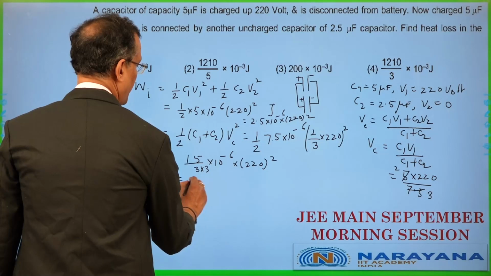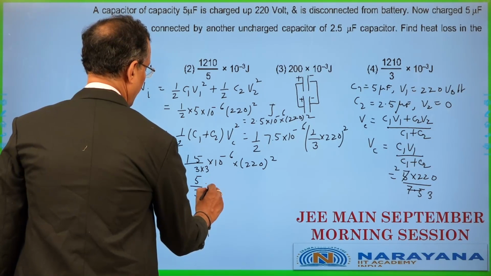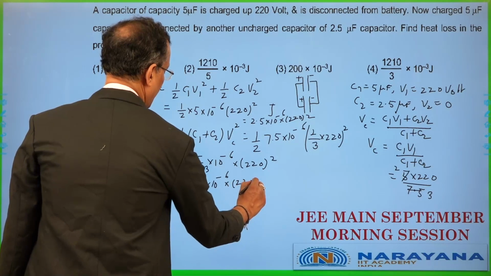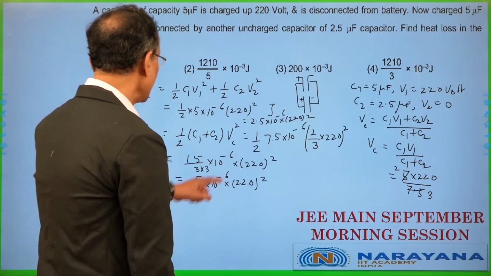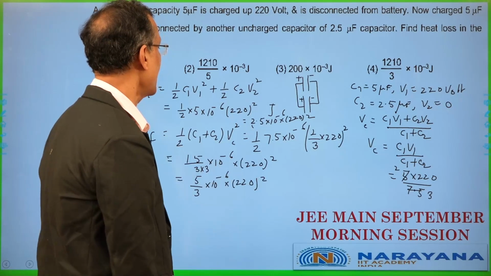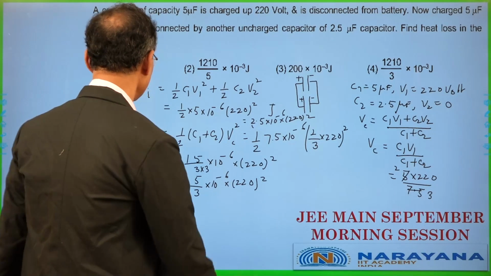So it is 5 by 3 times 10 to the power minus 6 times 220 squared. So here it is 5 by 2, and here it is 5 by 3, with 220 squared.